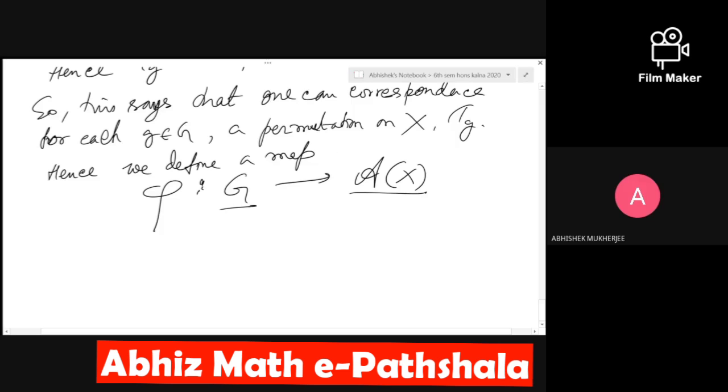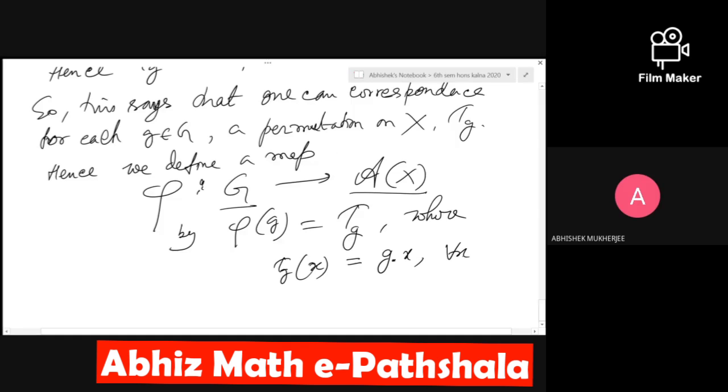And what is the definition of the map? Phi of small g will be tau g, where tau g at x will be g dot x for all x belongs to capital X. So thus this defines a map from the group G into the permutation group curly AX.